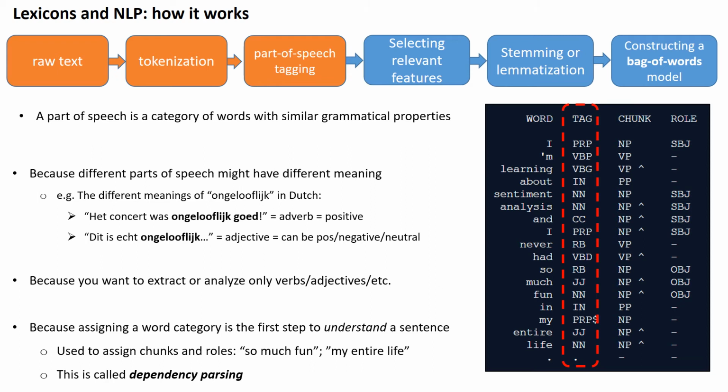For example, you can see it in the third column here, in the chunk column with the hats. You can see that "so much fun" is one chunk and "my entire life" is also a chunk. So they're basically a series of words that belong together, that without their unity don't have that much meaning. And this is called dependency parsing.